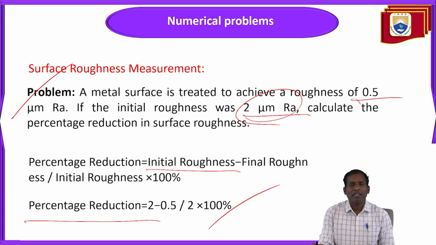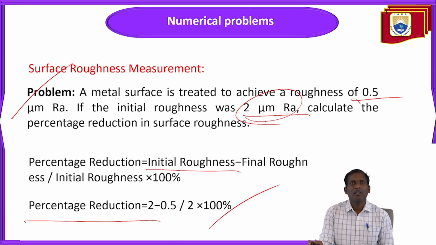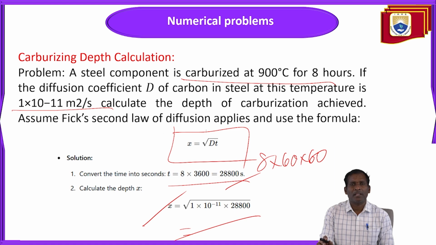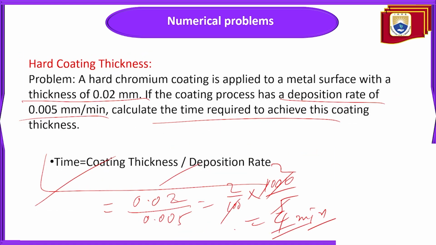So like this, you need to calculate some measurements: heat treatment method calculations, carburizing depth calculations, roughness measurement, and then the coating methods, how much thickness is required and how much time is needed to achieve the required coating thickness.